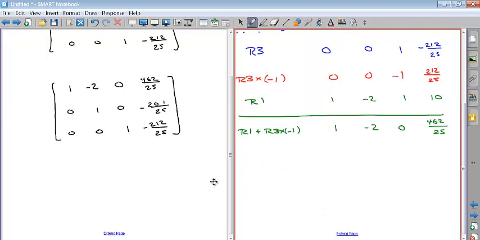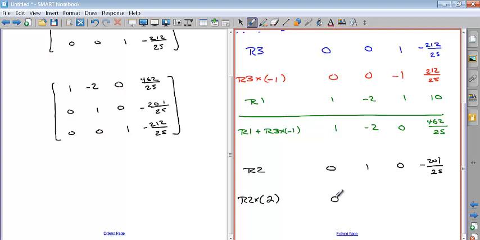So to do that, I'm going to multiply this row by negative 2 and then add the 2 rows here. So we're going to start off with row 2, which is now 0, 1, 0, negative 201 over 25. I'm going to take row 2 and I'm going to multiply by positive 2.